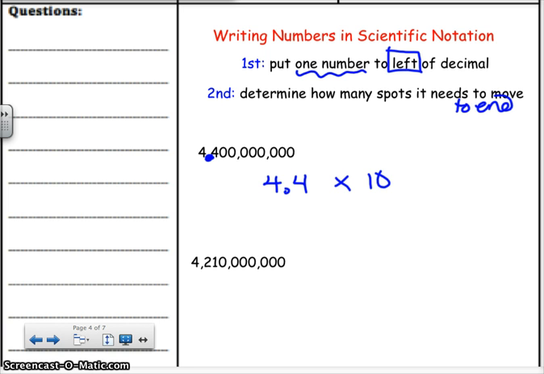That's when I just count how many spots it would take to get to the end. 1, 2, 3, 4, 5, 6, 7, 8, 9. Is that positive or negative? Positive, because I'm moving to the right. So what is that, 4 billion 400 million, would be 4.4 times 10 to the 9. That tells your problem solver, move your decimal 9 spots to the right, and you'll get that number.